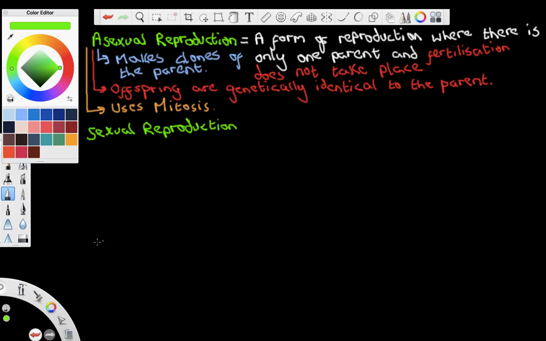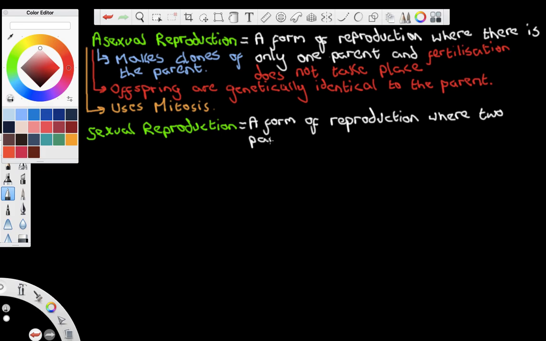Sexual reproduction is a form of reproduction where two parents are involved and fertilization does take place.